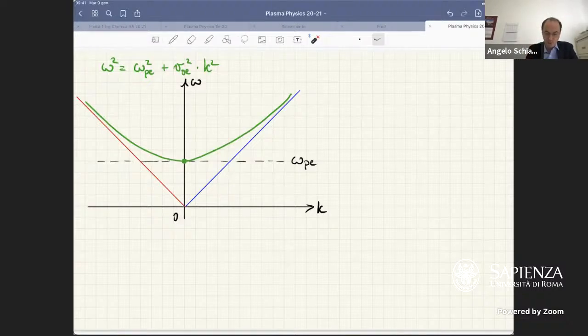And when we reduce the k vector, so we go to longer wavelengths, we see that progressively the slope of this dispersion relation drops, going to 0. And when we have a very long wavelength, these waves are not traveling anymore. The group velocity is 0, and these waves are a static oscillation of the plasma, corresponding to the electrostatic oscillation that you studied at the beginning of the course.